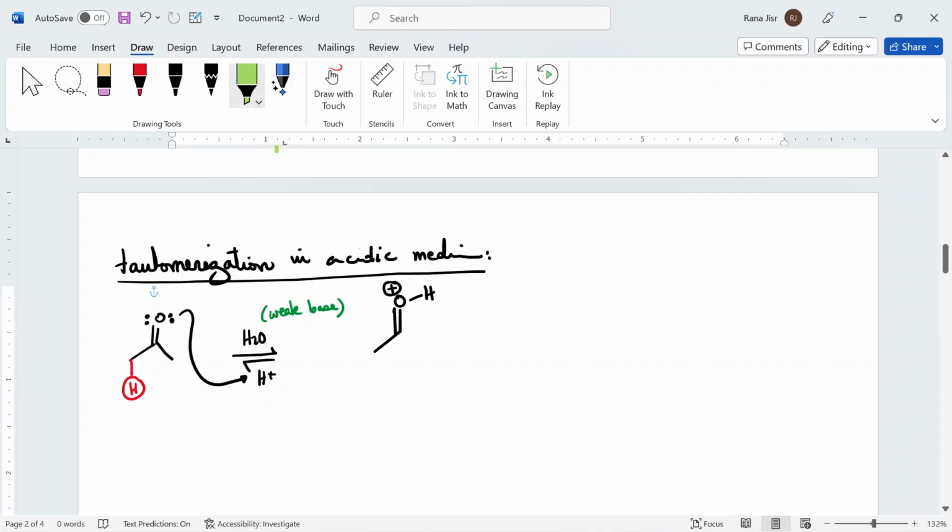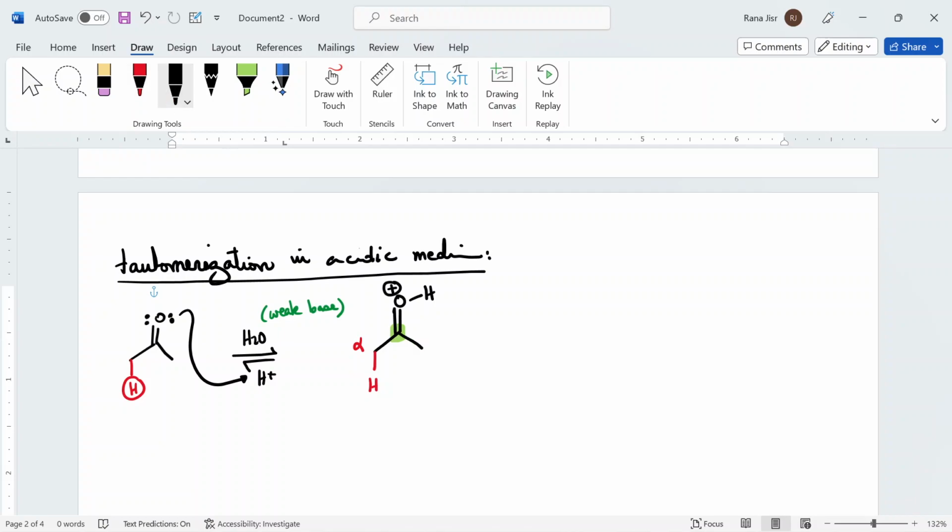So over here, we introduced a positive charge on this carbon. Now this one is more electronegative. It can pull electrons away from the alpha hydrogen and make this alpha hydrogen even more acidic so that the weak base can come and take it.